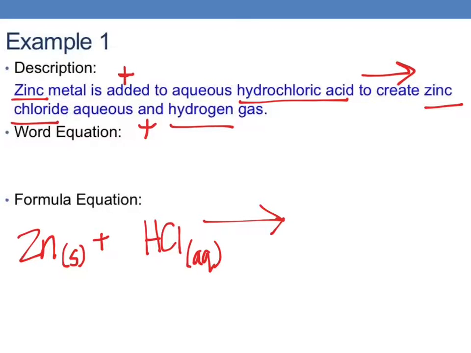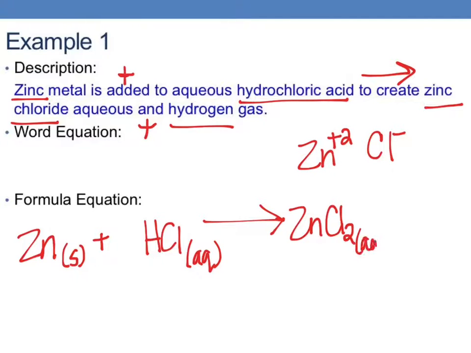We get zinc chloride. So now we need to find out what the formula for zinc chloride is. Zinc is a +2. Chlorine is a -1. ZnCl2. And it is aqueous.